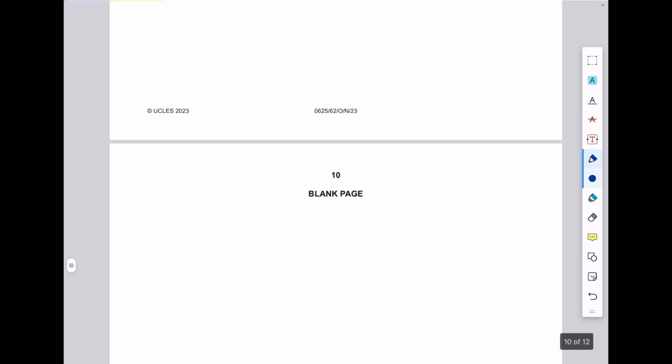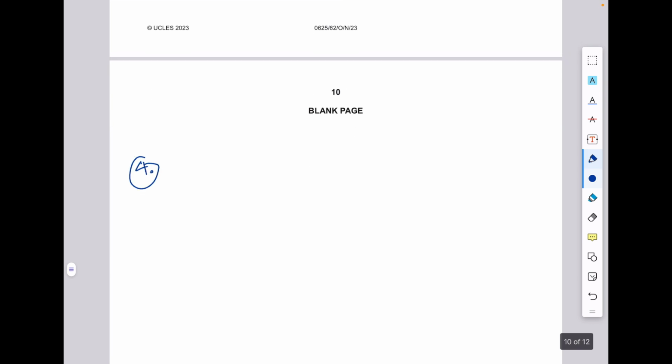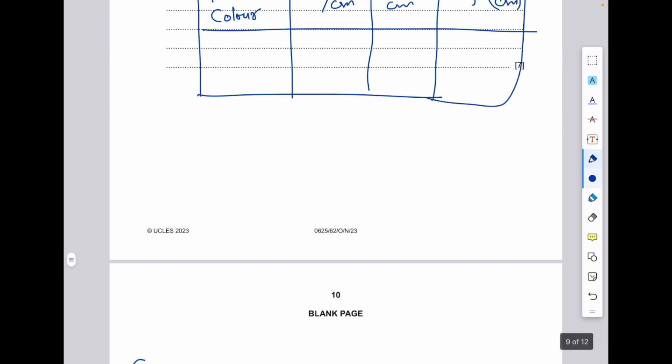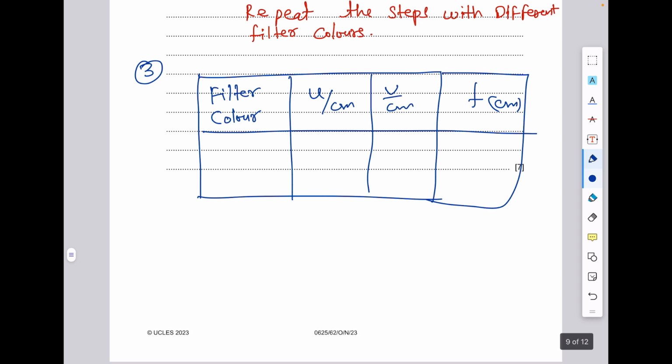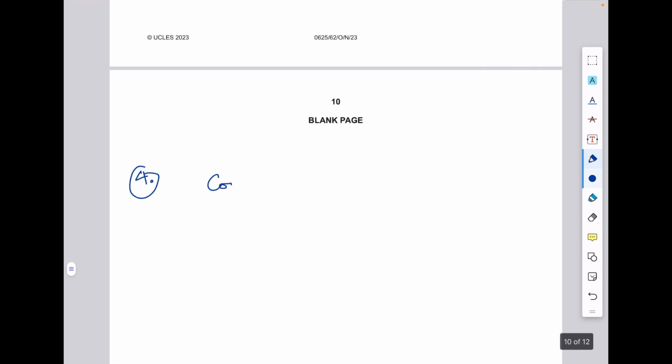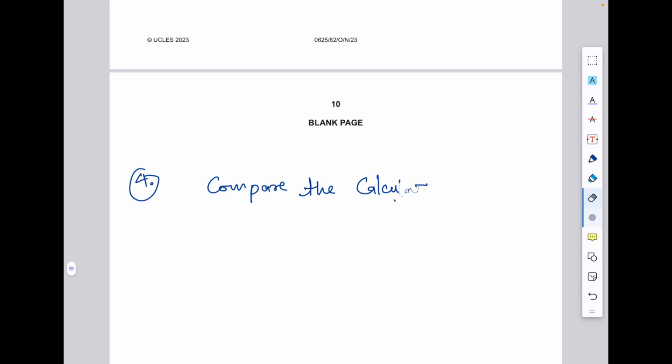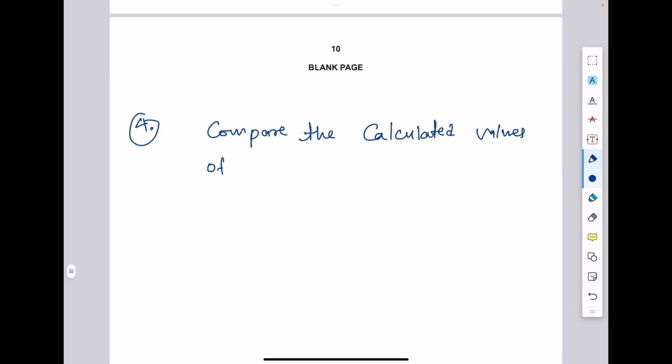In the last part, we can write the conclusion. In the conclusion, you can write: compare calculated values of f for the different colors.